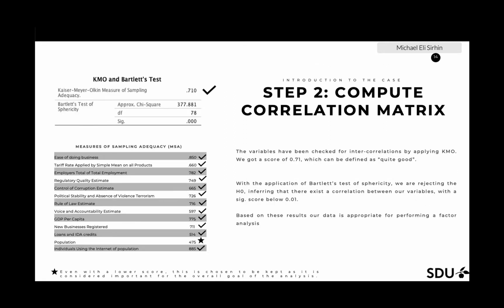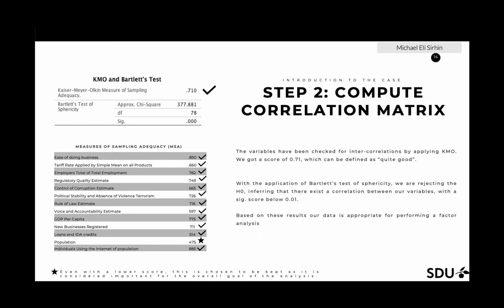And the variables have been checked for intercorrelations by applying the KMO. And we got a score of 0.71, which can be defined as quite good. And with the application of Bartlett's test of sphericity, we rejected the null hypothesis, inferring that there exists a correlation between our variables with a significant score below 0.01.